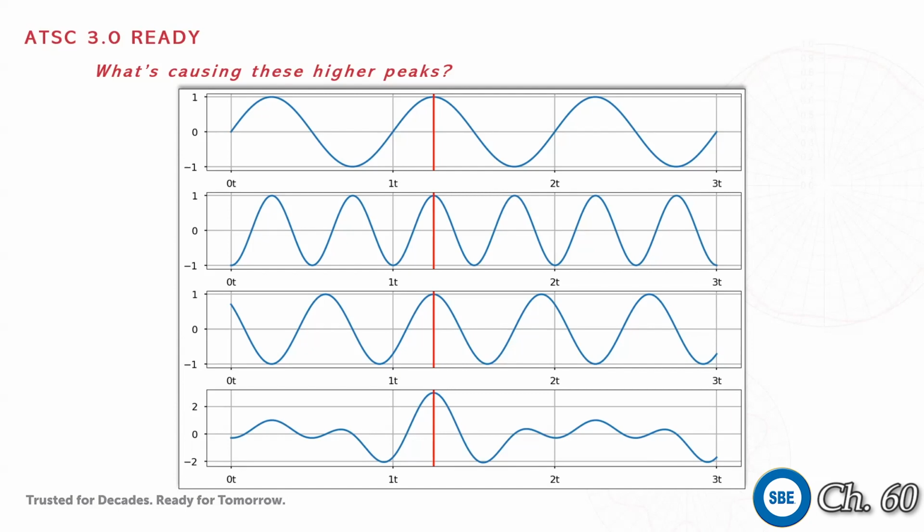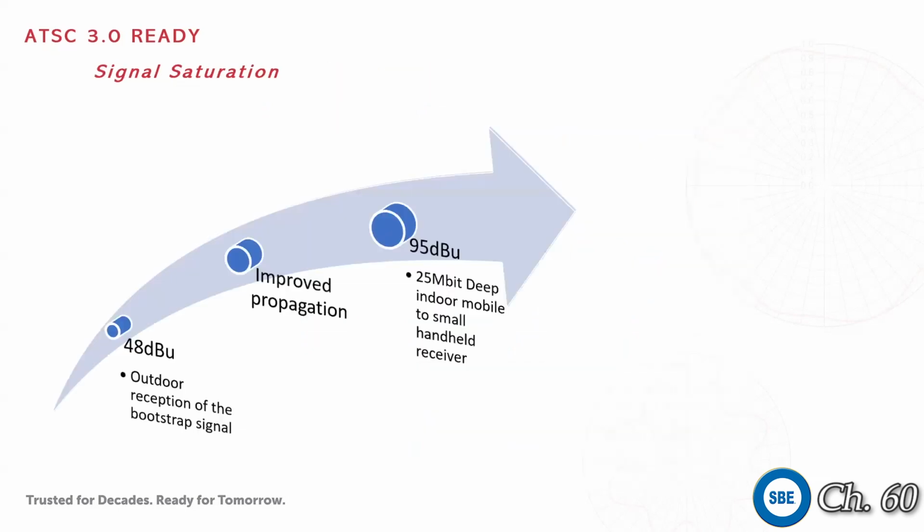So moving on to the idea of signal saturation, what we're talking about here is a sort of ideal goal, the holy grail, if you will. For proper reception of that bootstrap signal outdoors, ideally we're looking for about 48 dBu, and then in the absolute best case scenario, about 95 dBu.